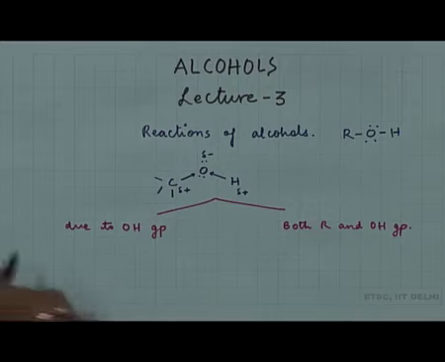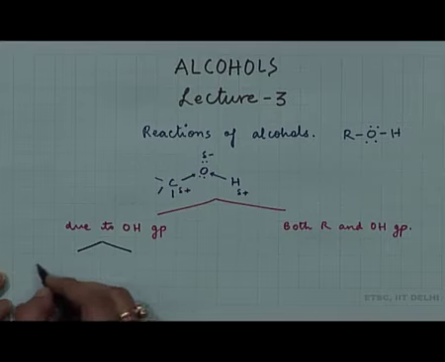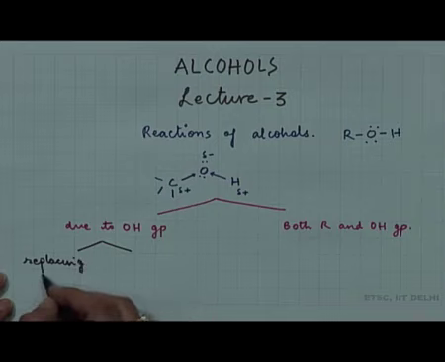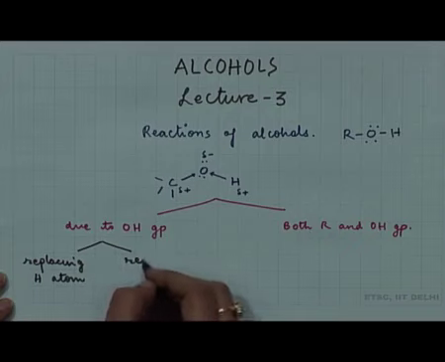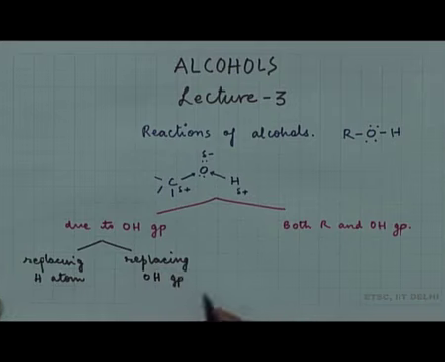In the hydroxyl group, we can further subclassify into reactions in which only the hydrogen atom is replaced, so reactions involving replacement of the hydrogen atom, and the second, reactions in which the hydroxyl group is replaced. So, you are replacing the OH group. These are the broad classifications of how these reactions can happen.